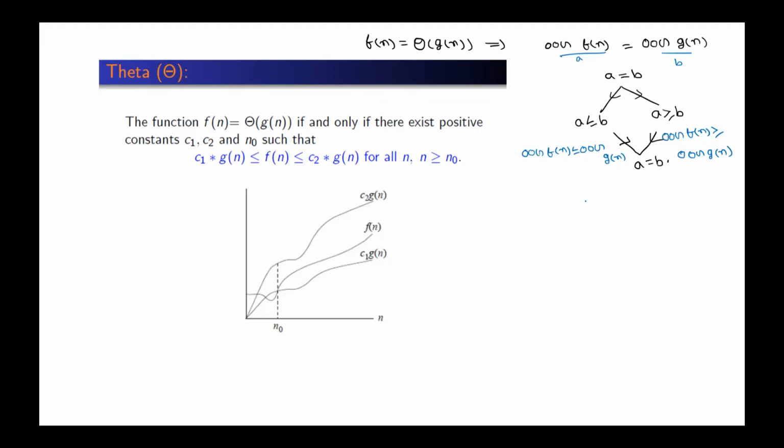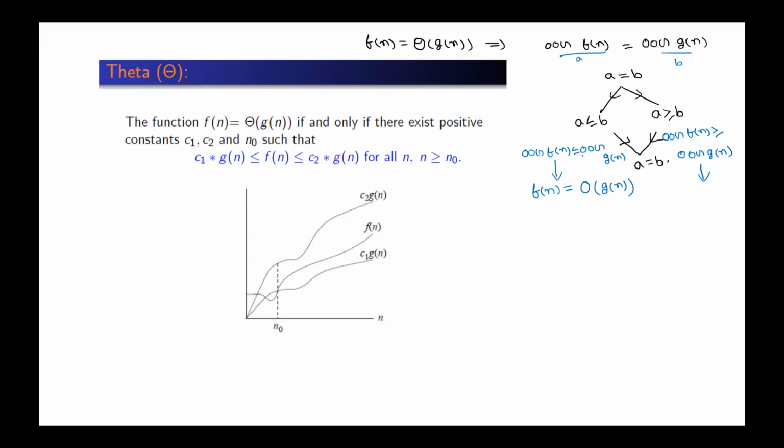Now, order of growth of f of n is less than or equal to order of growth of g of n. What does it mean? It means that f of n is big O of g of n. That's what we learned, no?